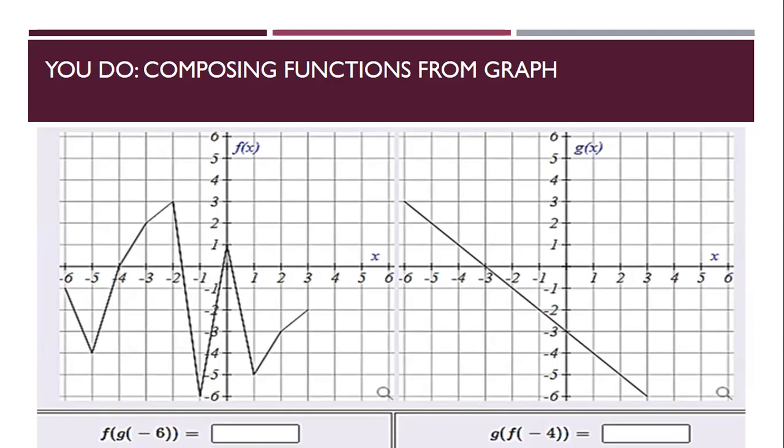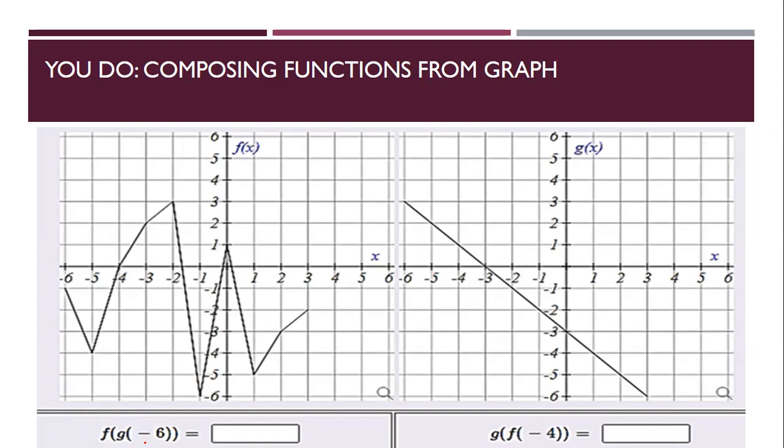All right, who wants to walk us through it? All right, do the first one with us. What do we do? It says F of G of -6. Perfect.